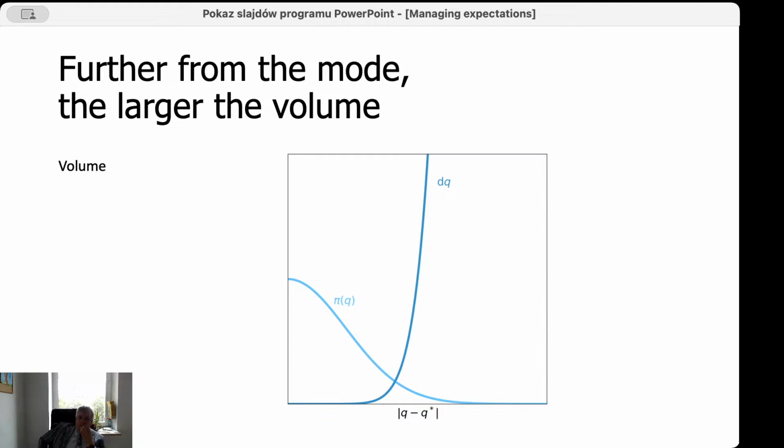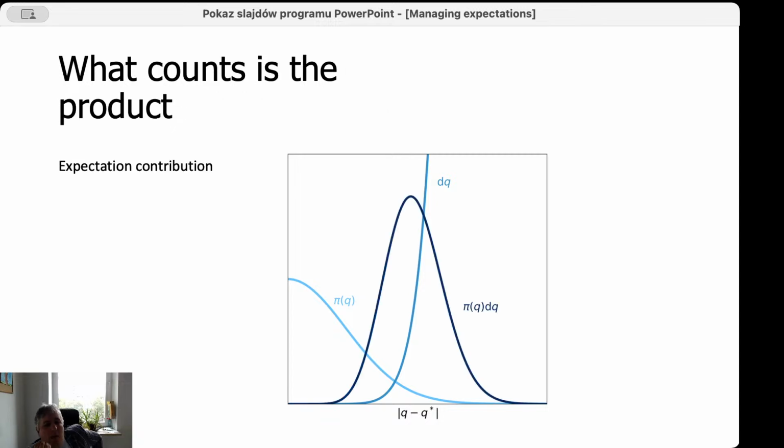So the further we are from the mode, the larger is the volume, because when the shape expands, more and more points of volume are happening here. So the further we are from the mode, the more the volume is contributing. And our integral is the product of distribution times the volume points.